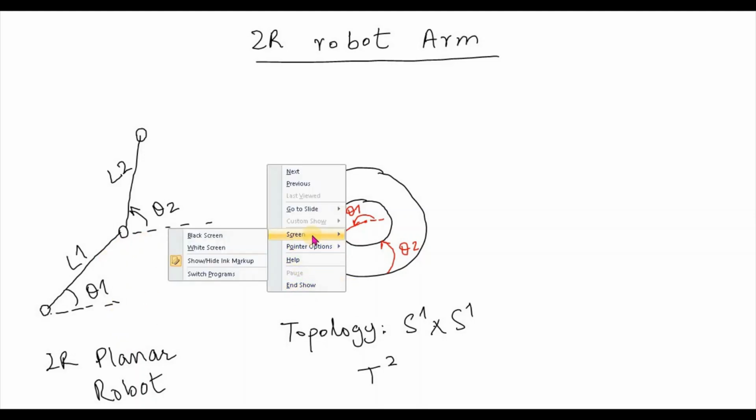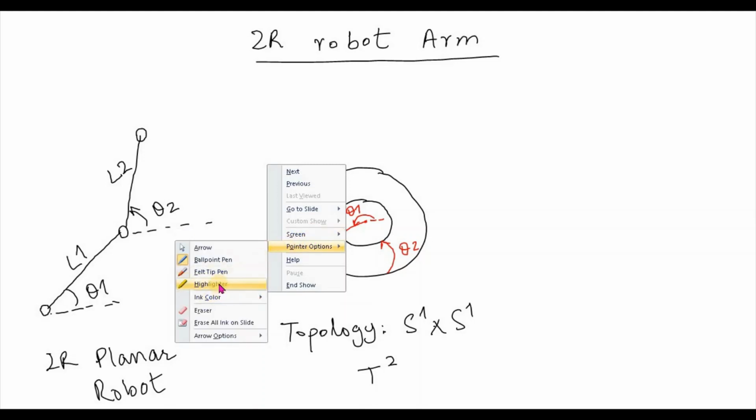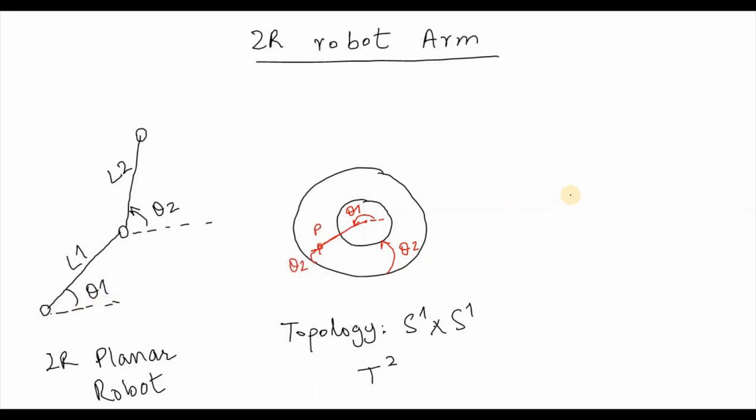Now we shall see what the configuration space looks like. These angles are allowed to move from 0 to 360, and the same is true for theta2, 0 to 360, or you can say 2 pi radians.